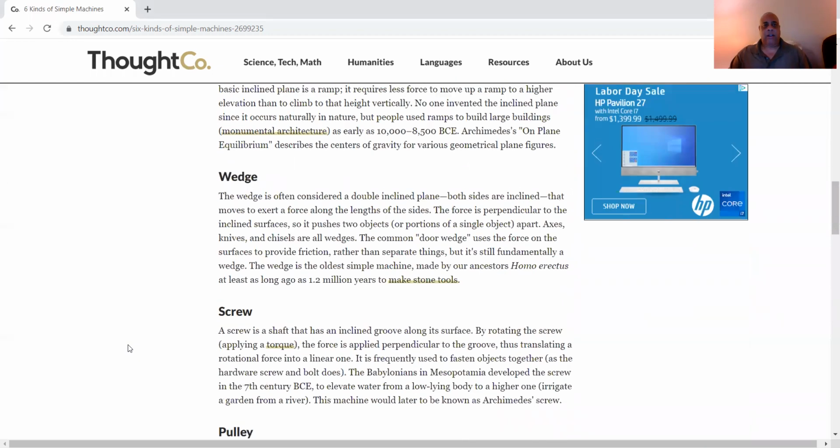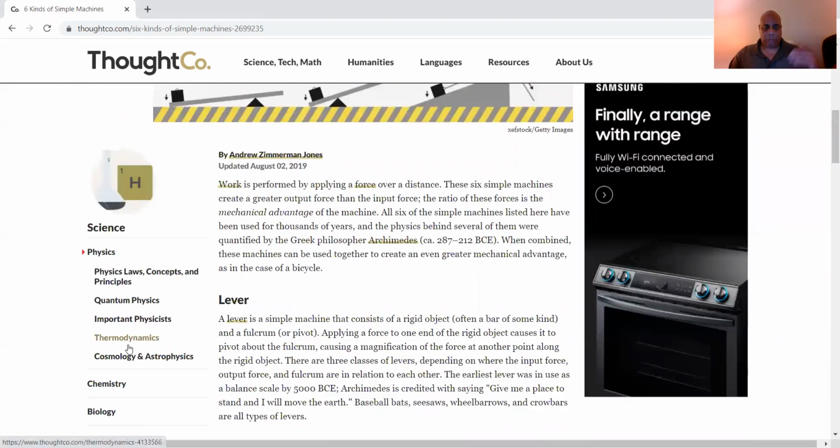Now, once again, when we deal with machines, we are utilizing them for work, and work is performed by applying force over distance.